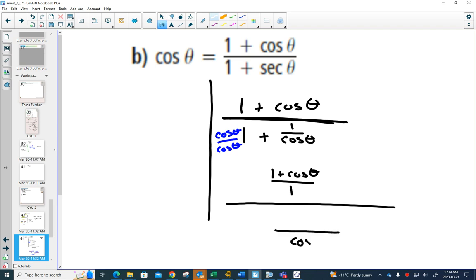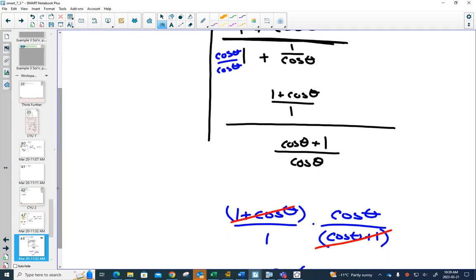And then the bottom would be a single fraction as cos theta plus 1 over cos. So I use my fraction rules to get a single fraction in my numerator, single fraction in my denominator, and now fraction over a fraction. Oh, work's already done for me.